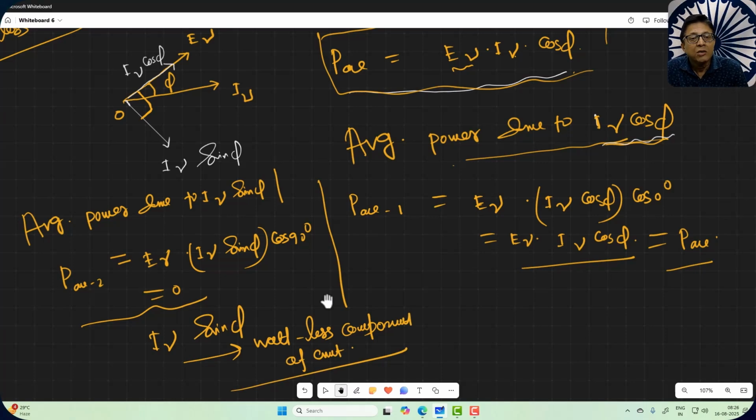Its contribution, I nu cos phi, is responsible for the whole of the average power generation in the circuit. I nu sin phi has no contribution. Hope you have understood.